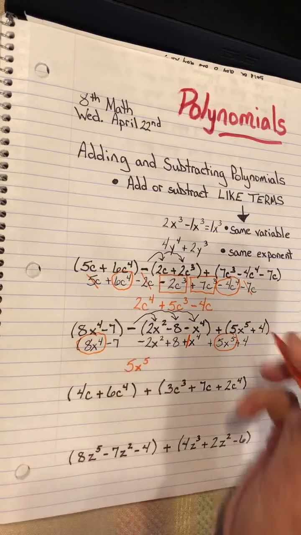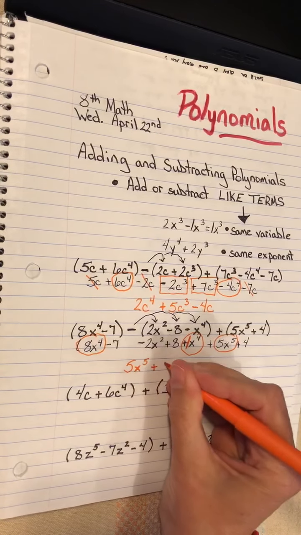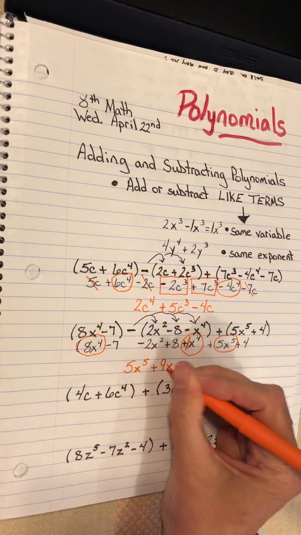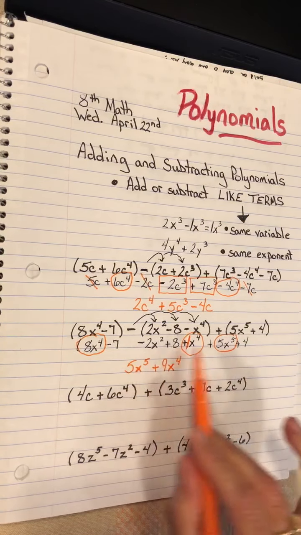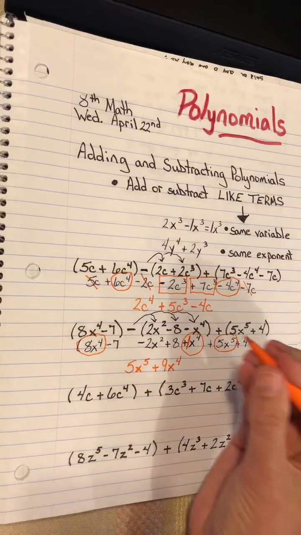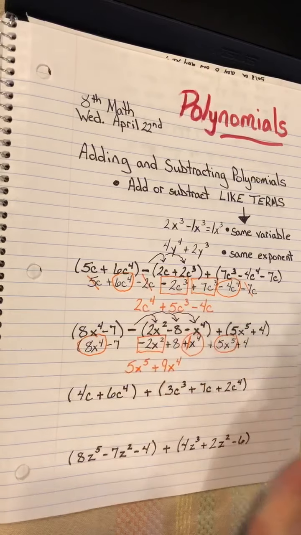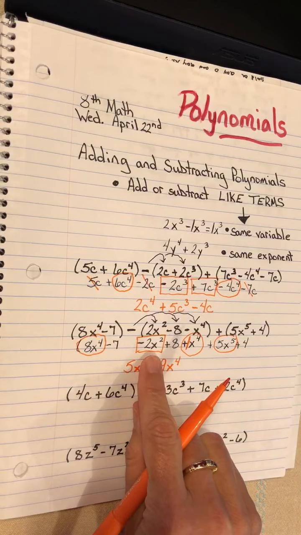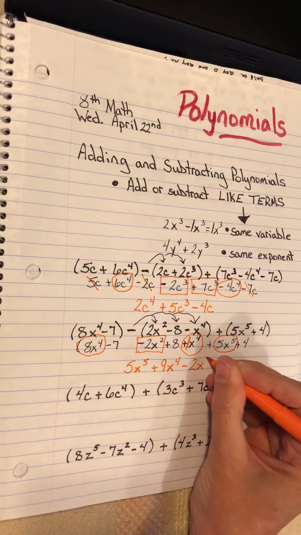So 8x to the 4th plus 1x to the 4th is 9x to the 4th. I do not have any x to the 3rds, so I'm going to skip ahead to x to the 2nd power. This is the only one, so I bring it down, -2x squared.